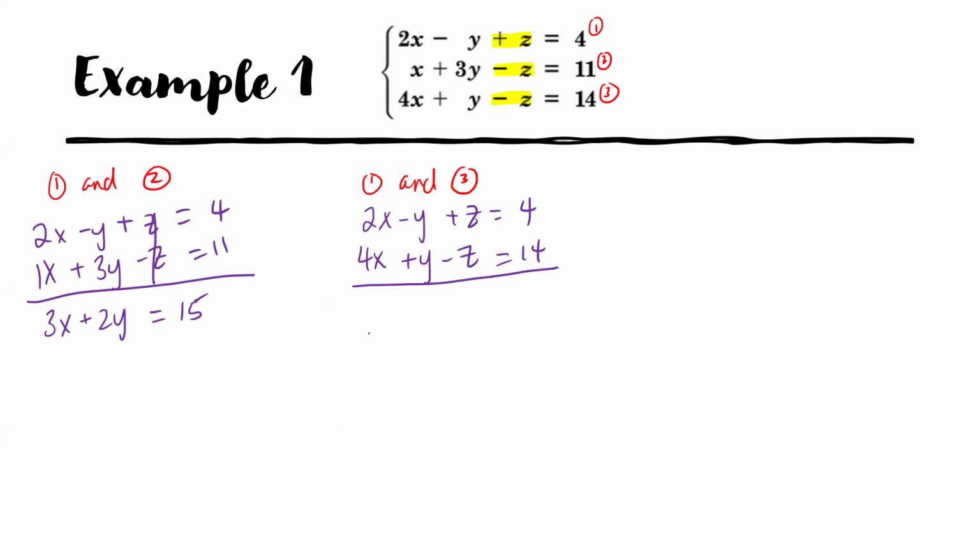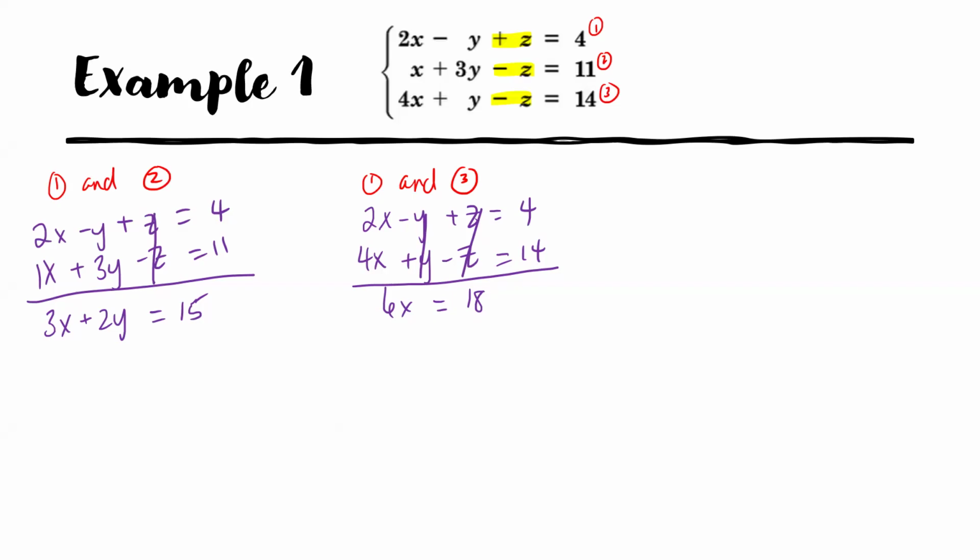Going to combine them. I get 2x and 4x make 6x. And look what happens here. Y cancels and z cancels. So I'm left with 18. Now this is a gold mine when that happens. Yes. More than what I needed went away.